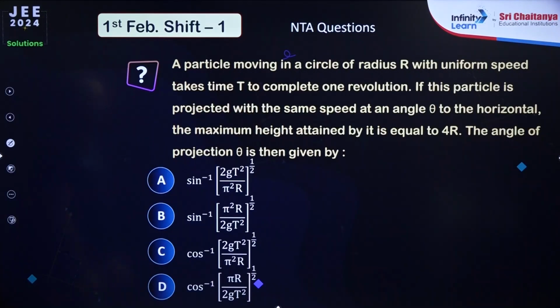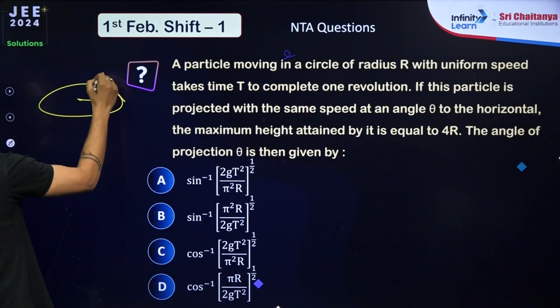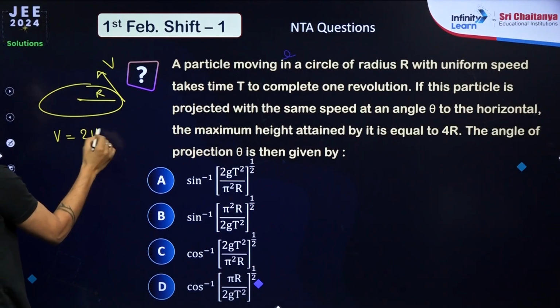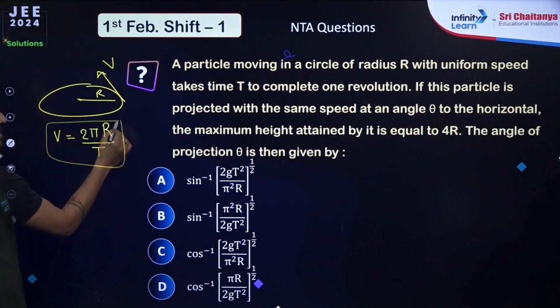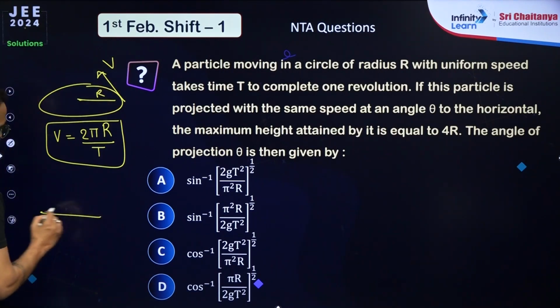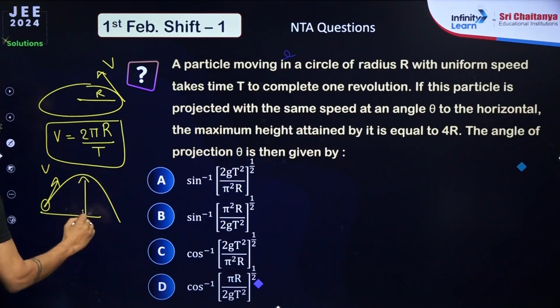Now a particle moving in a circle of radius r with uniform speed v, then v is equal to 2 pi r upon time period. If this particle is projected with the same speed at an angle theta to the horizontal, the maximum height attained by it is equal to 4r. The angle of projection theta is, so what is the formula for maximum height? If you throw an object with v, it goes like this.